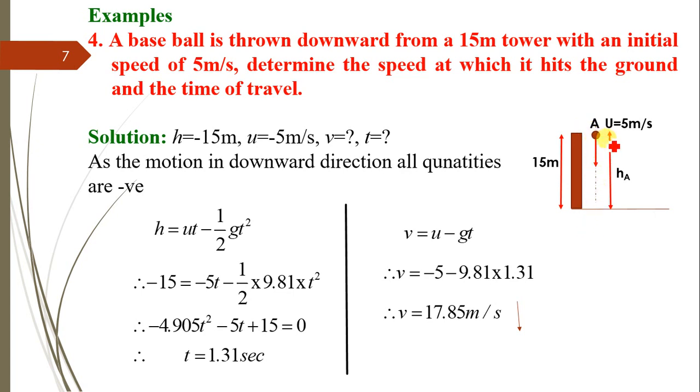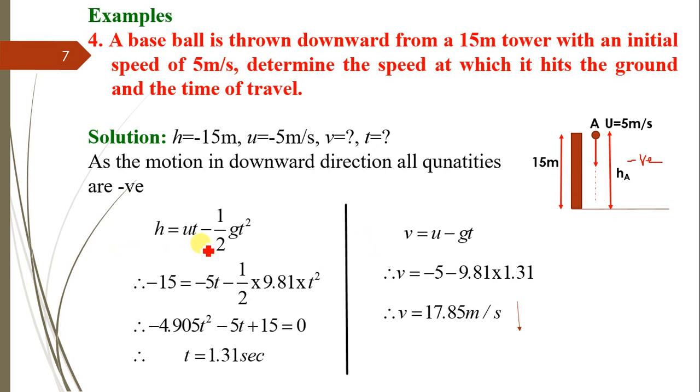The initial position and final position are in the downward direction, so quantities are negative for this type of motion. The height is given as 15 meters, so HA equals minus 15 meters. Similarly, the velocity given is 5 meters per second, which is considered negative, and we have to determine the speed with which it reaches the ground, that is v, as well as the time interval required.